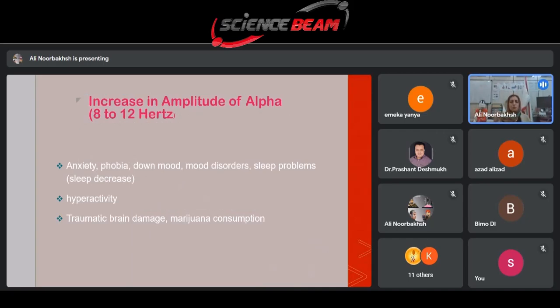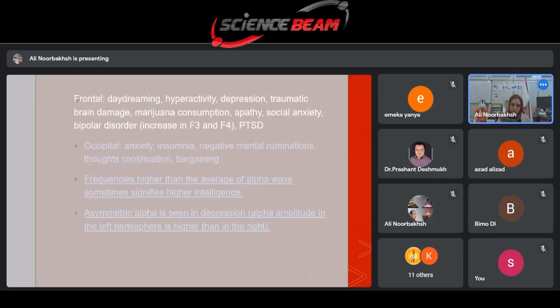Increase in amplitude of alpha is related to anxiety, phobia, down mood disorder, sleep problem, hyperactivity, traumatic brain damage, marijuana consumption, and frontal.